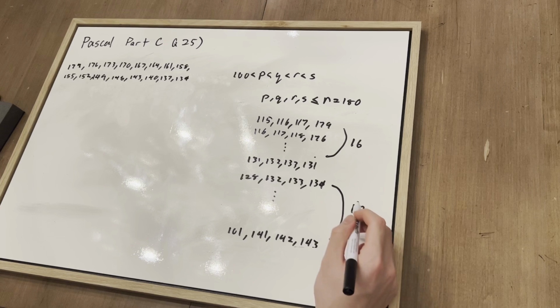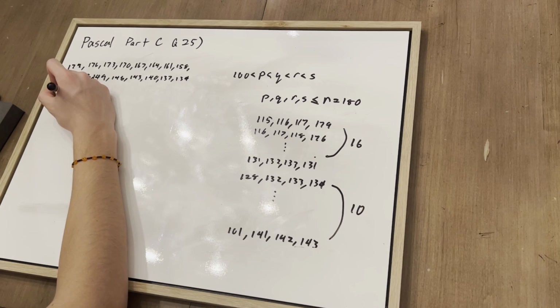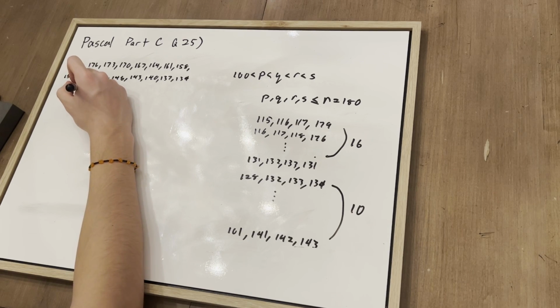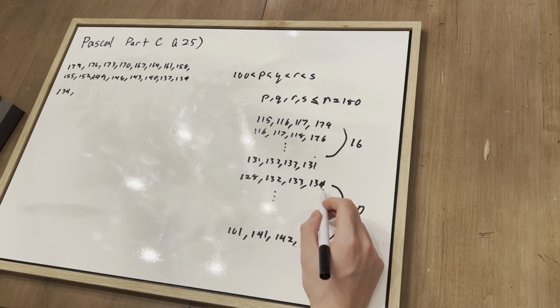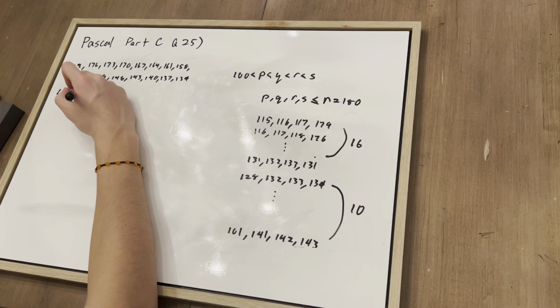And now we're switching over to the second set. We start at 1, 3, 4, and then move up by 1, since now s is part of the consecutive integers.